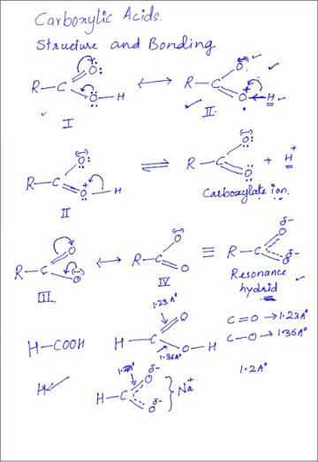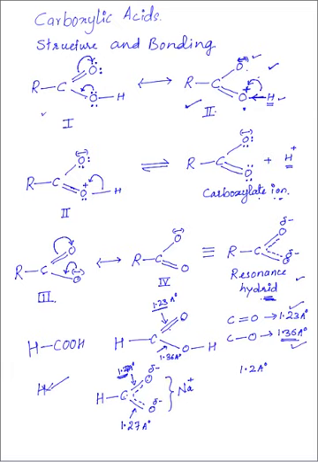Now, this is more than the carbon oxygen double bond length, that is 1.23, and this 1.27 is also less than 1.36 angstrom. Means both the carbon oxygen bond lengths are in between double bond and single bond.